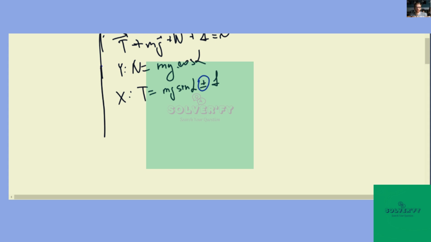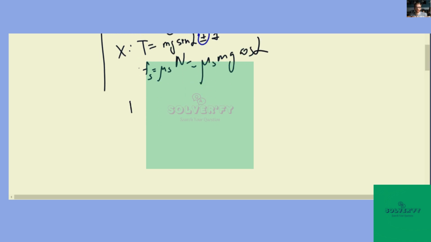We also have the equation that the absolute value of the friction force equals the coefficient of static friction times N, or the coefficient of static friction times mg cosine alpha. Now let's combine these equations together.